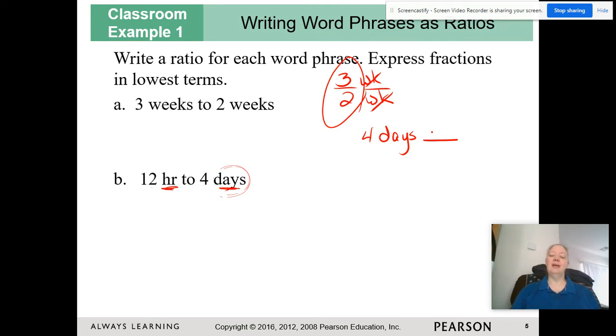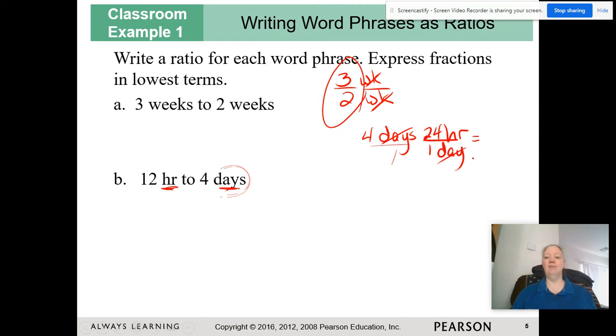So we know that 1 day, because I need to cancel the day, is equivalent to 24 hours. With the day on top and the day on the bottom, that allows me to cancel that unit day, and I end up with hours. So I would multiply these two fractions together.